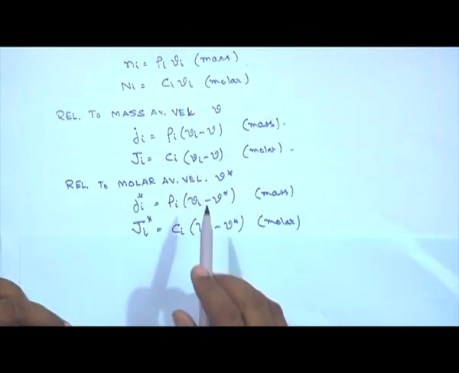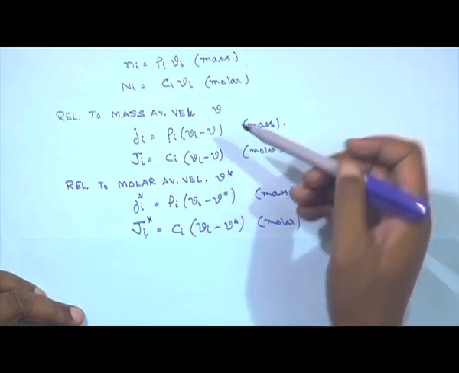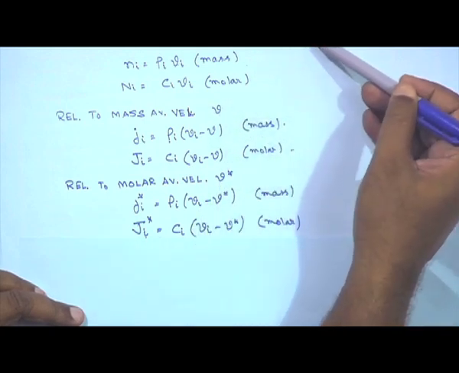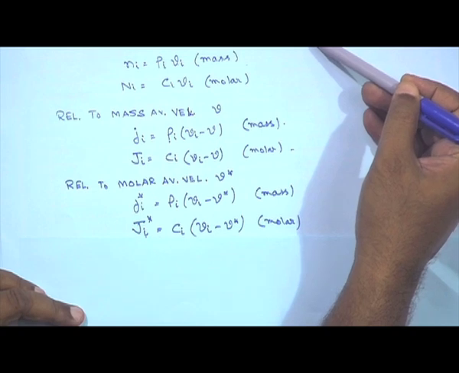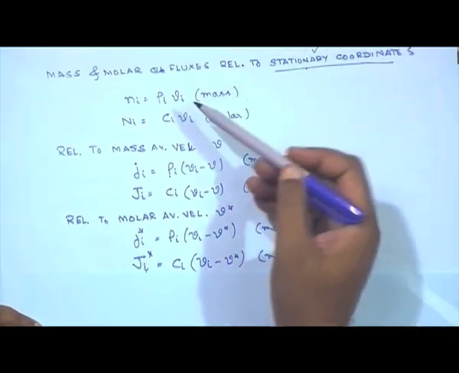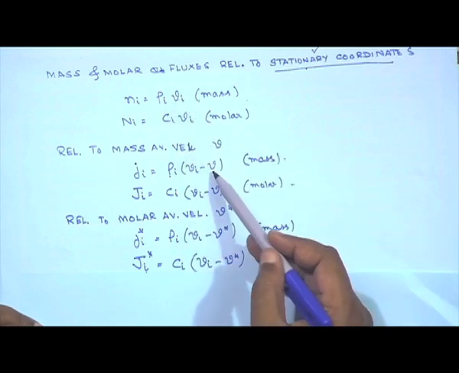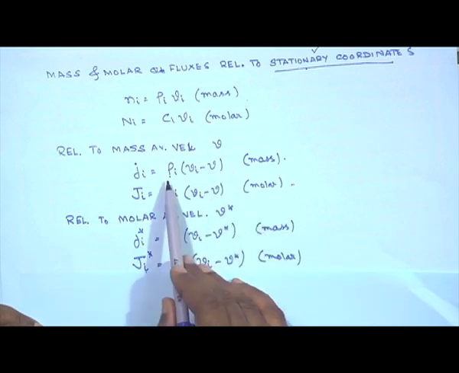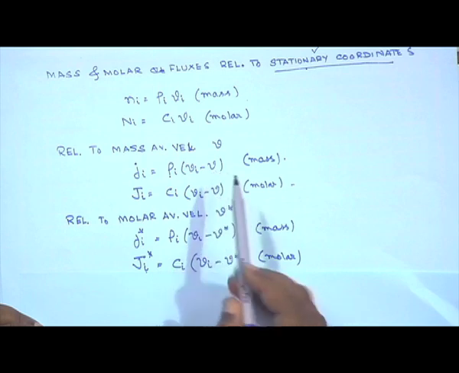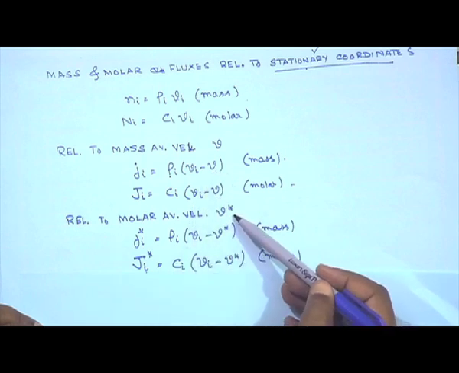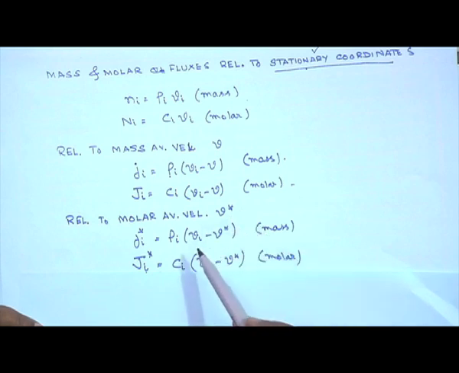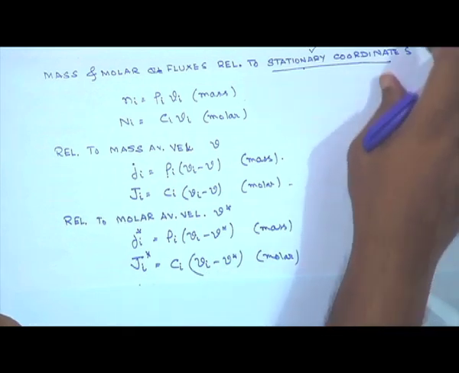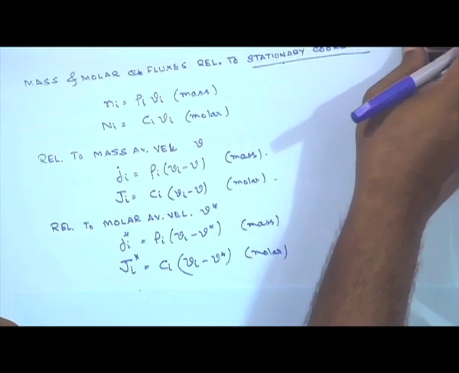Same thing if we do in terms of molar average velocity. So this is in terms of stationary coordinates where V is 0, so it's rho i Vi. If I have a mass average velocity and I express relative to the mass average velocity, it's simply going to be Vi minus V. If I do it in terms of molar average velocity, it's going to be Vi minus V star for the case of mass, and for the case of moles it's simply going to be Ci.